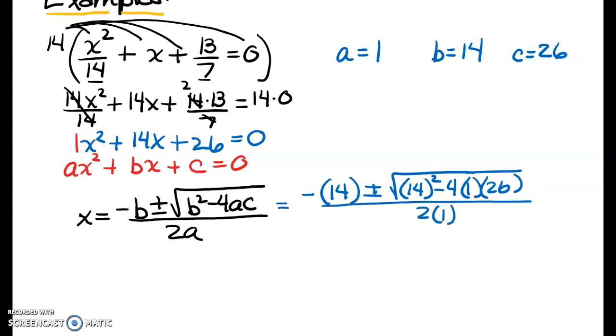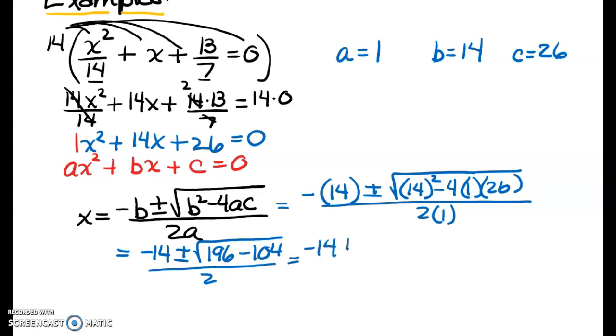And when I multiply that out, it's negative 14 plus or minus the square root of 14 squared, which is 196, minus 4 times 26, which is 104, all over 2 times 1, which is 2. And then when I subtract 196 minus 104, I get 92 over 2.